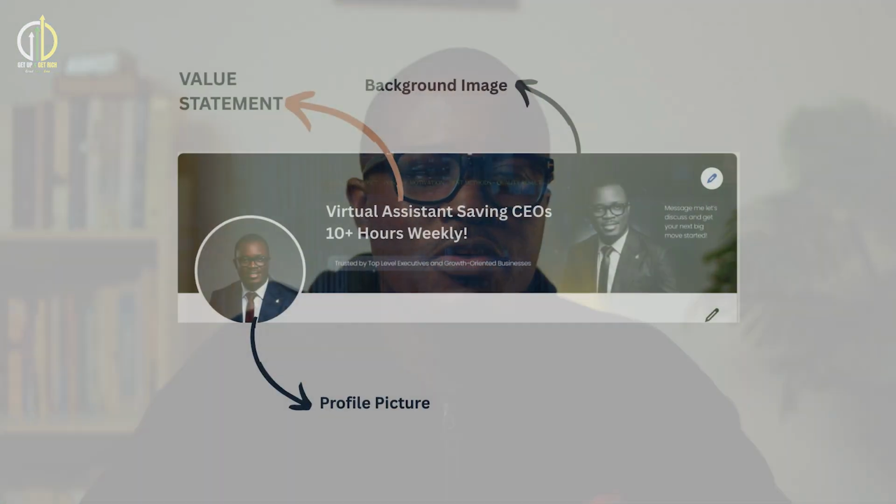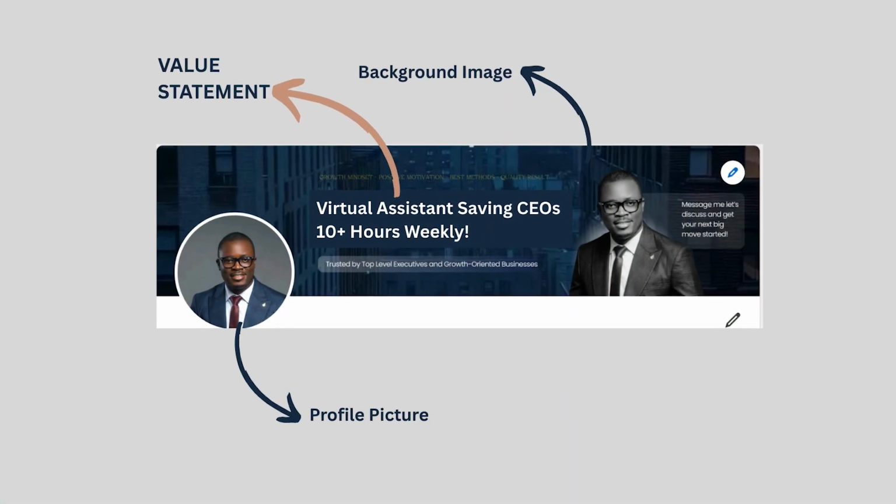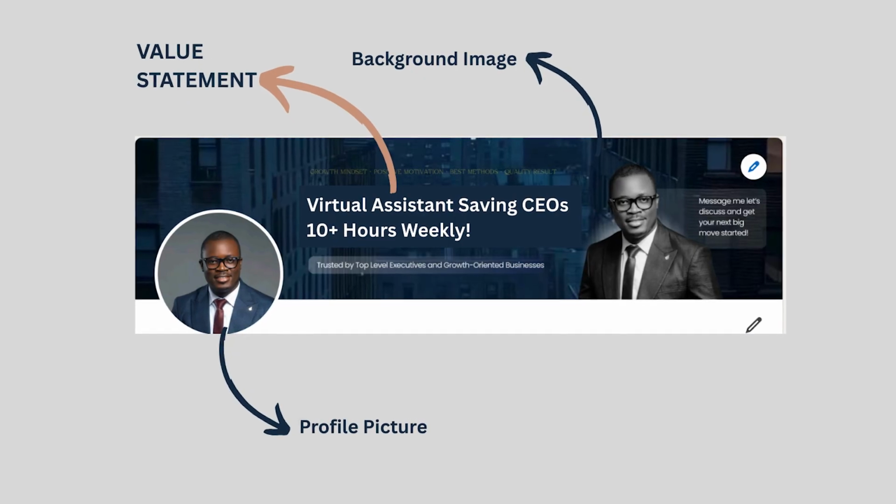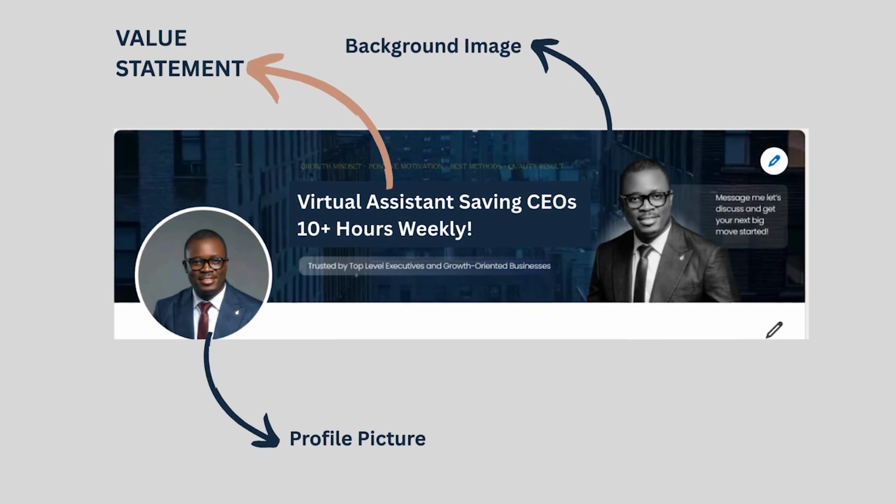And when you are optimizing your brand, you must use catchy words that would magnet clients to you. For example, you say: virtual assistant working with CEOs and saving them 10 plus hours weekly. That's a bold, audacious statement.